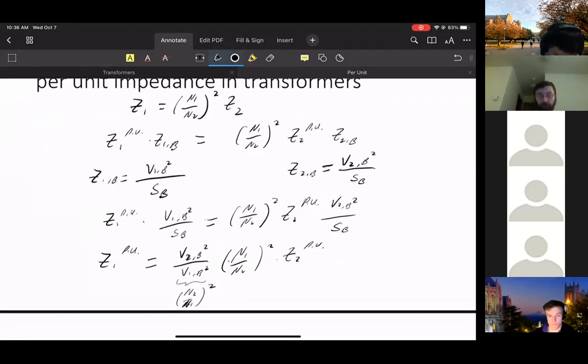This is how we choose the voltage: we choose the voltage as the rated voltage of the transformer. So we have Z1 per unit equals Z2 per unit. The N1 over N2 ratios cancel, and this is what we have. So again, we can get rid of the transformer if we just look at the per unit system.